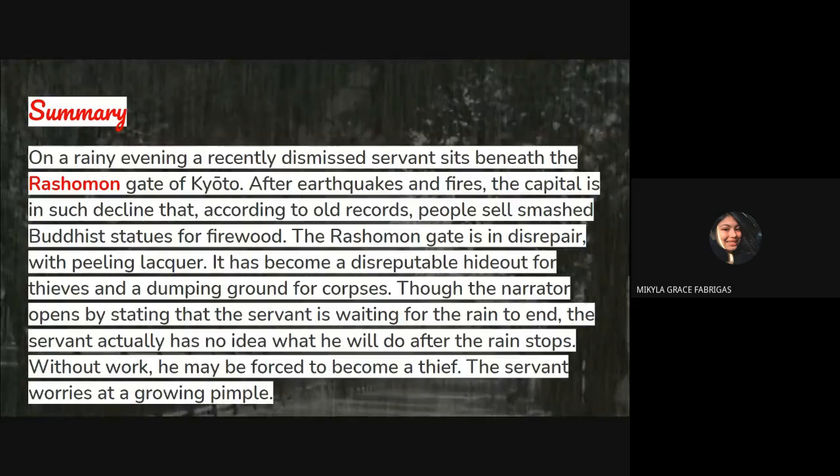Th- Though the narrator opens by though the narrator opens by stating that the servant is waiting for the rain to end, the servant actually has no idea what he will do after the rain stops. Without work, he may be forced to become a thief. The servant worries at growing pimple.